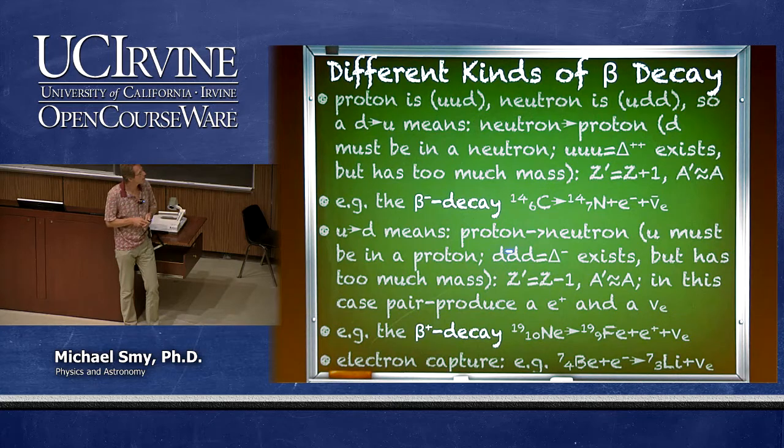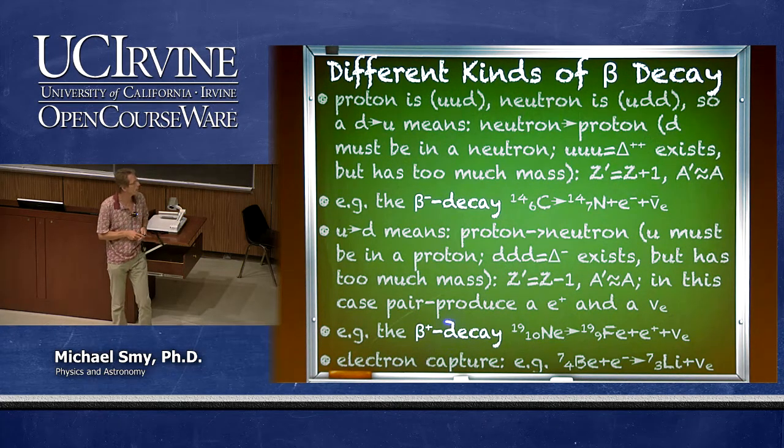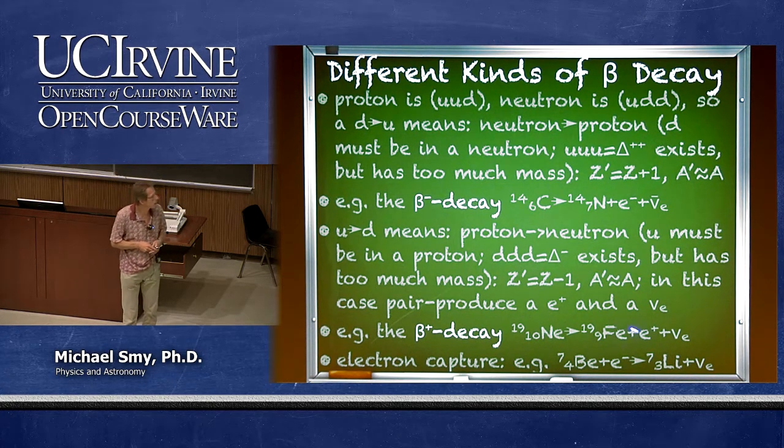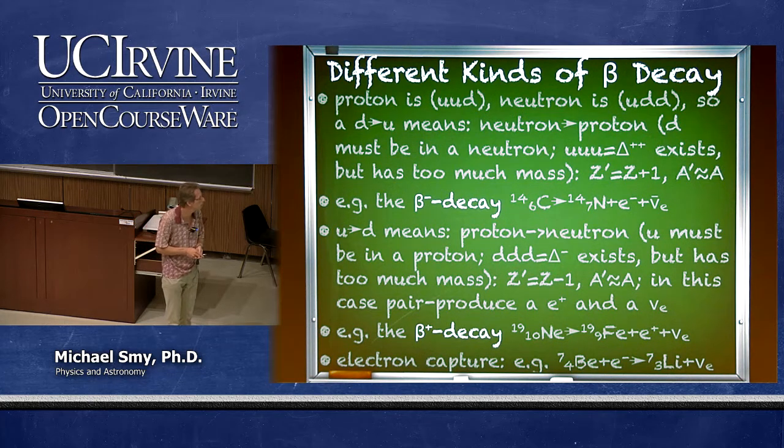The resulting process of this turning a proton into a neutron is called a beta plus decay. For example, you can have a neon-19 turn into a fluorine-19 plus the pair production of a positron with a neutrino. And the reason why this is called beta minus decay and beta plus decay is because this is a negative beta ray or an electron, and this is a positive beta ray or positron.